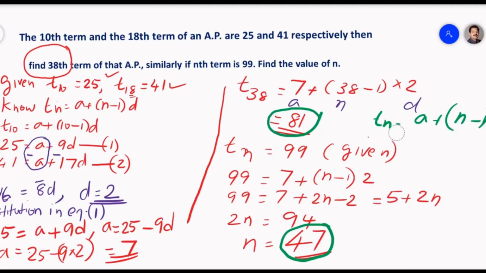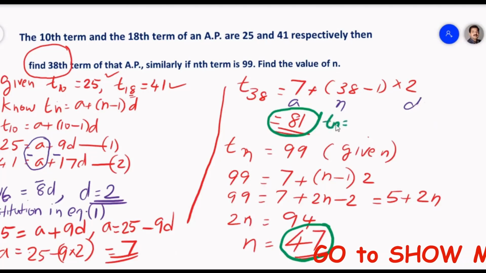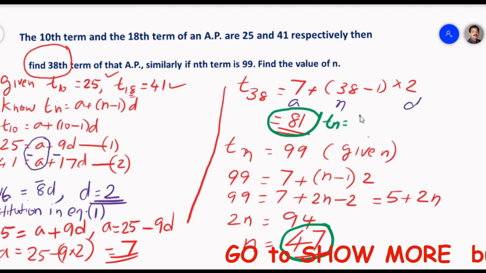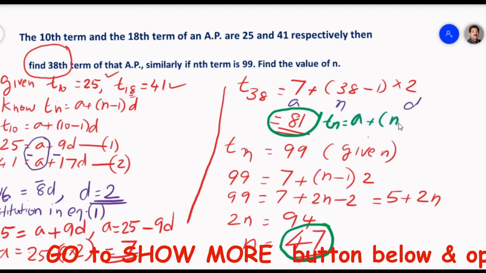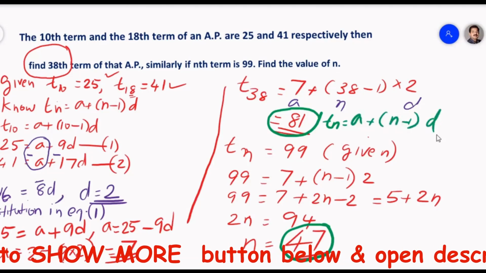The basic formula used is, again I am writing here, Tn is equal to a plus (n minus 1) into d. You must understand the magic of this formula and practice it well.